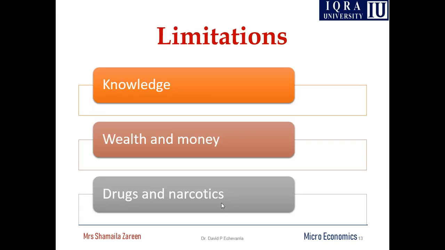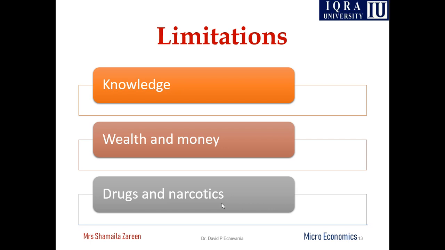Here are some limitations, when the law of diminishing marginal utility is not applicable. There are three limitations: knowledge, wealth and money, and the third one is drugs and narcotics.